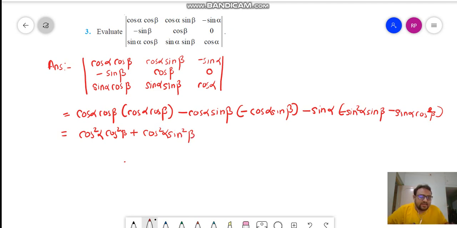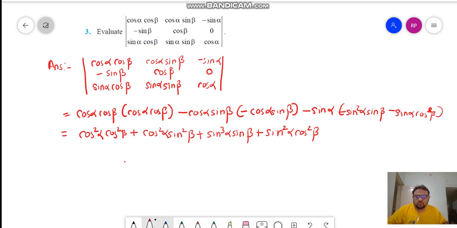Okay, minus sin alpha, minus minus first will be plus sin alpha into sin square alpha, this will be sin cube alpha sin beta, again minus minus plus sin alpha into sin alpha cos square beta.